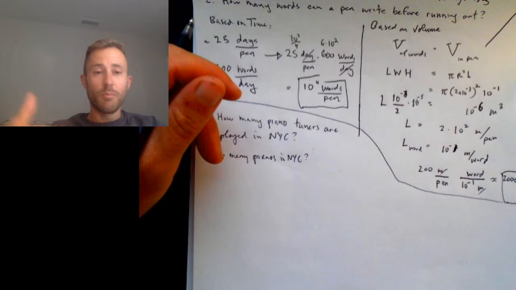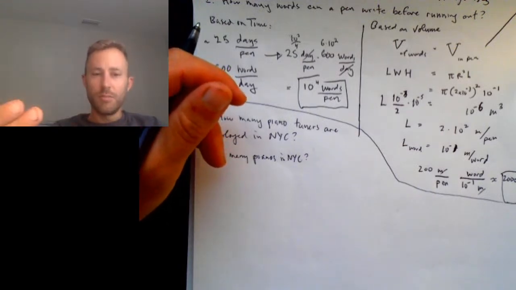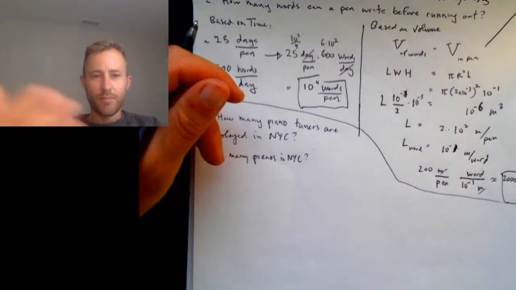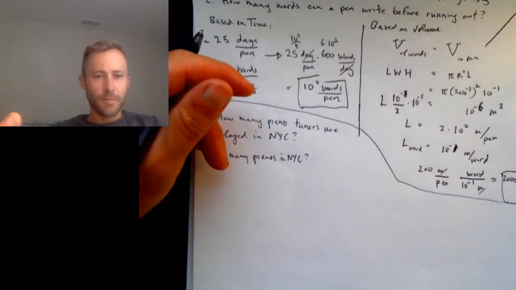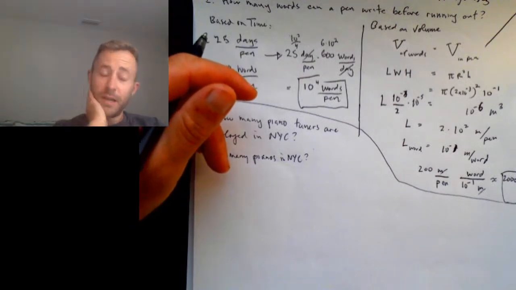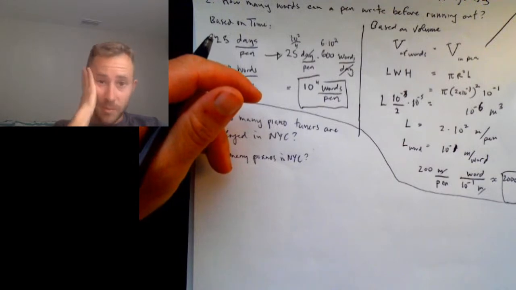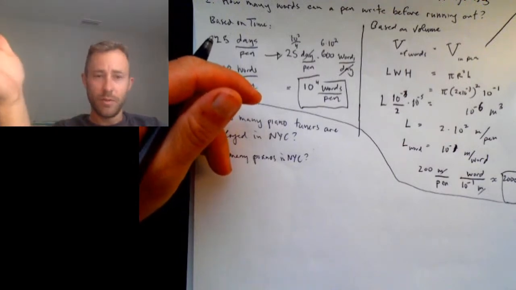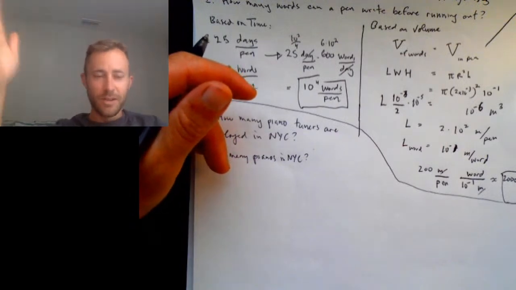So, are there more than 100,000 people in New York? Yes. Are there more than 1 million people in New York? Yes. Are there more than 10 million people in New York? That's close to the right answer. I still think it's probably more than 10 million, so I'm going to say something like 20 million people. I know there's not 100 million people in New York City, and I think it's closer to 10 million than it is to 100 million.